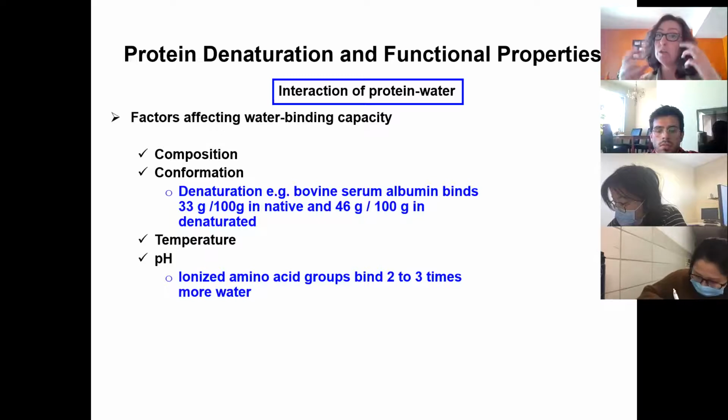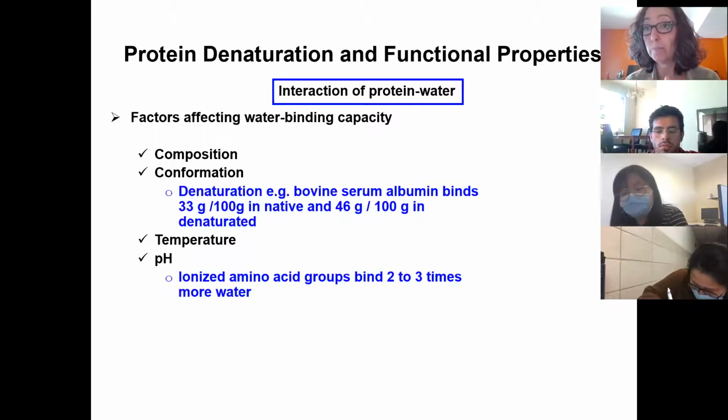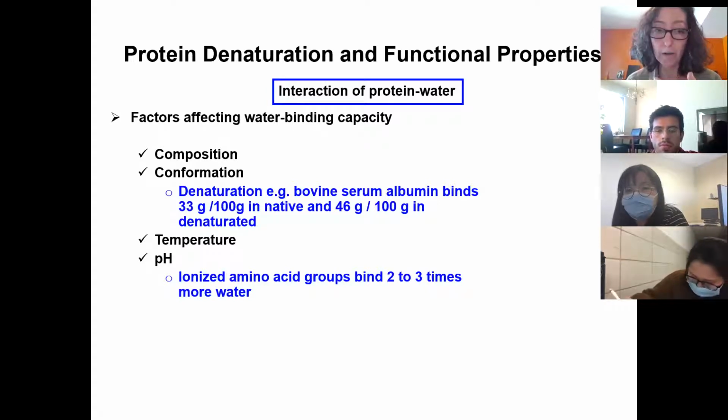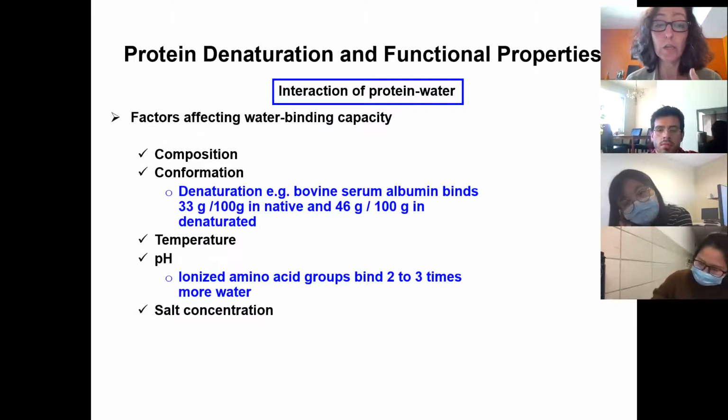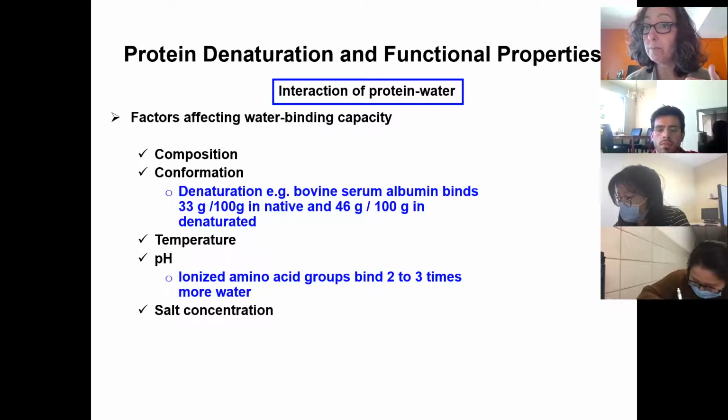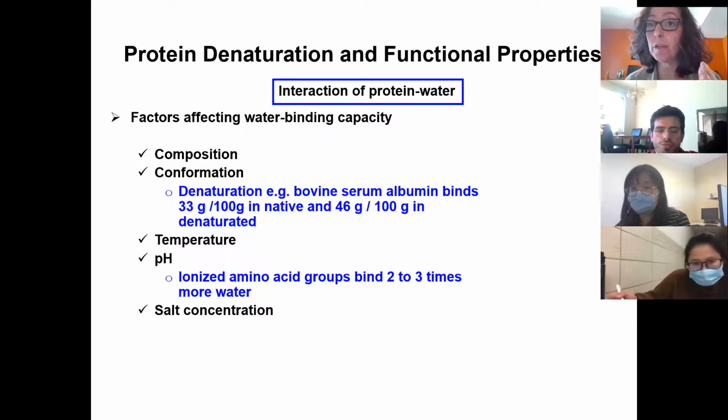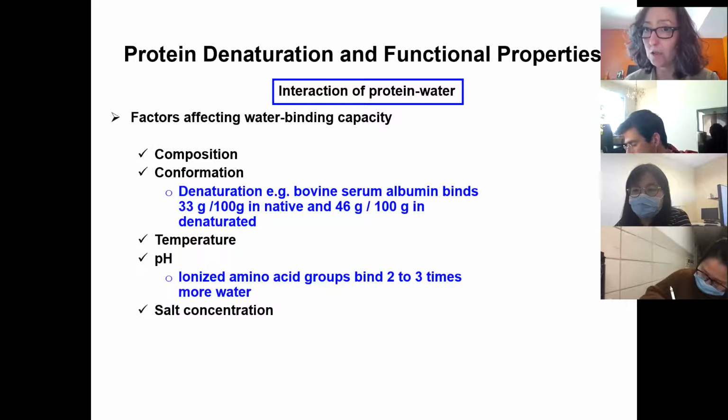pH. If you change the pH and you end up having more ionizable groups, then of course you will bind more water with more ionized groups. Salt concentration. It really depends on the type of salt and the concentration. A little bit of salt can help increase the interaction with water by increasing the charge load on the protein.